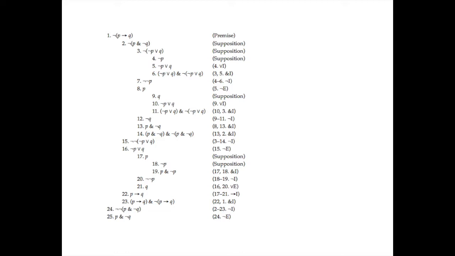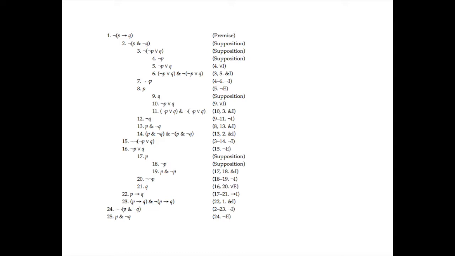So if you look ahead to line 16, that's what I get on line 16. I get not P or Q. And all I'm doing to get there is copying the proof that I did several problems ago that tells me how to get rid of a not that is outside of a conjunction.